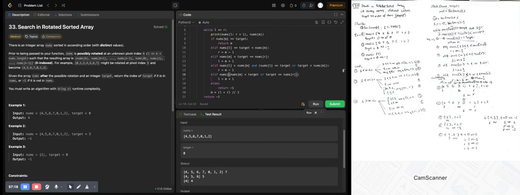So what we need to check is nums of mid is greater than nums of the right one.